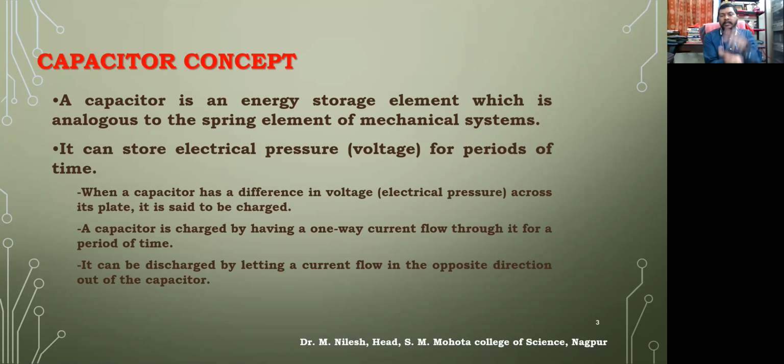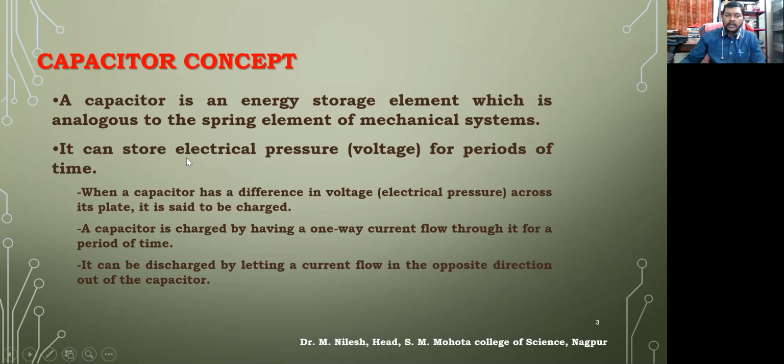So that is the main job of a capacitor, and it is analogous to the spring element of a mechanical system. While storing, we compress the spring like this, and it discharges when we release the spring, right? So it is just like that, and we are storing electrical pressure for periods of time.